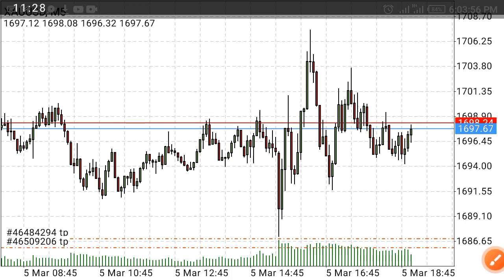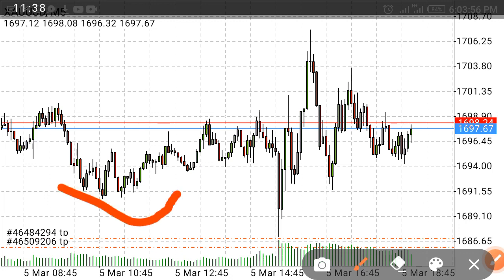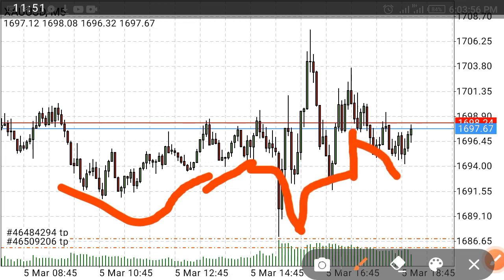You see this chart? Look at the way it's moving. Can you see it?